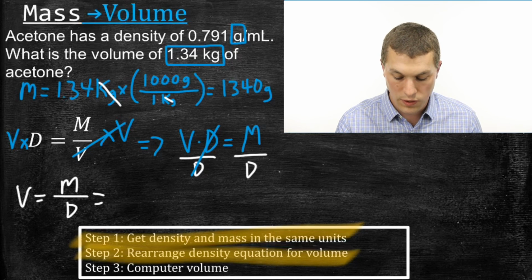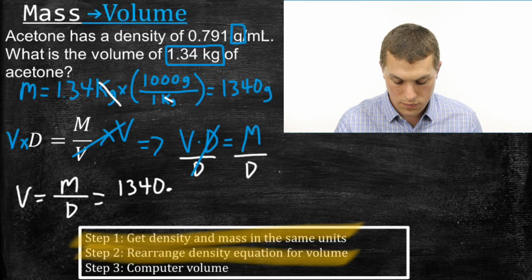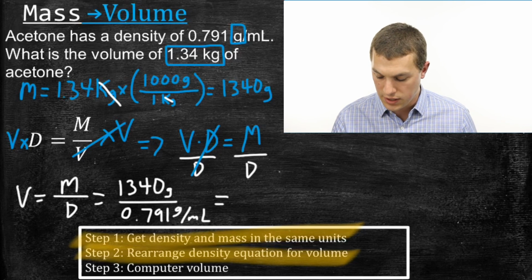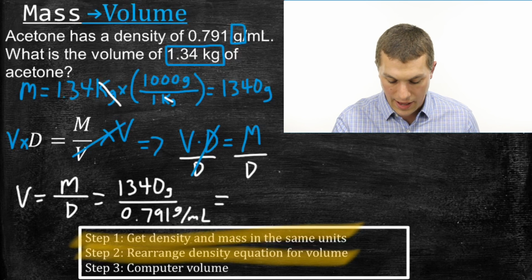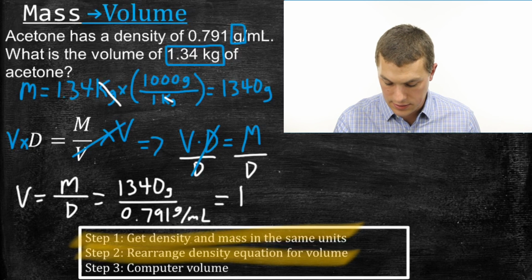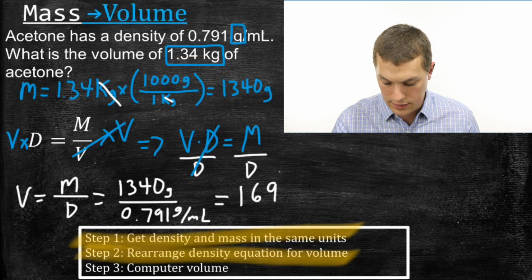So our mass is 1,340 grams, and our density is 0.791 grams per milliliter. And when we plug that into our calculator, we will get out that we have about 1,694 milliliters.